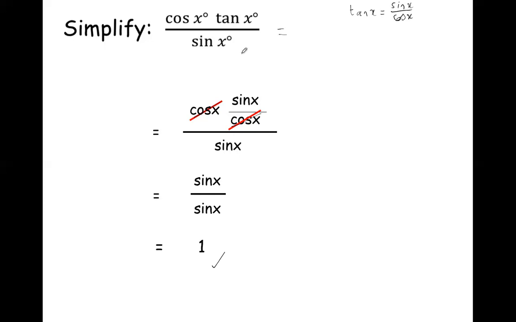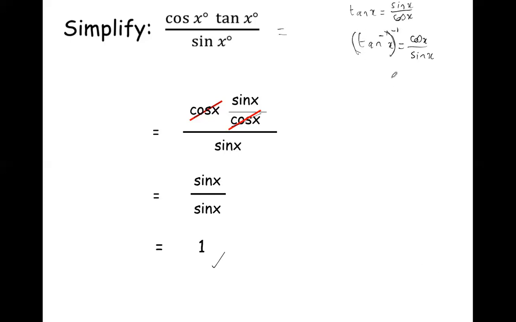But you could have seen it because cos x divided by sine x is the inverse of tan x. If you write tan x as sine x divided by cos x, the opposite is cos x divided by sine x, or tan to the power negative 1. I should write tan to the power negative 1, which is probably better than inverse.